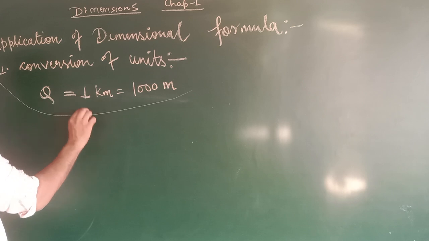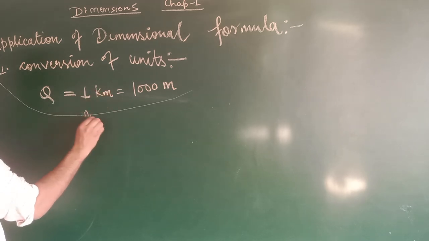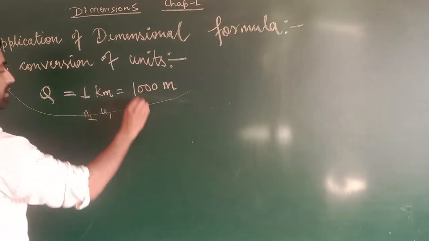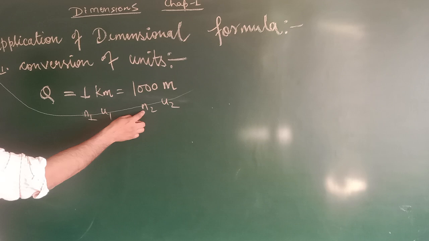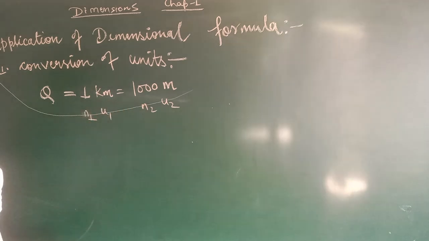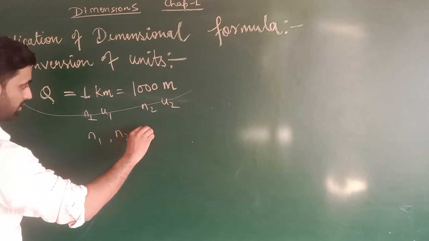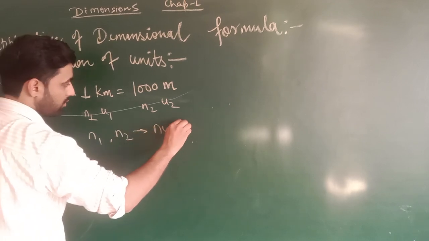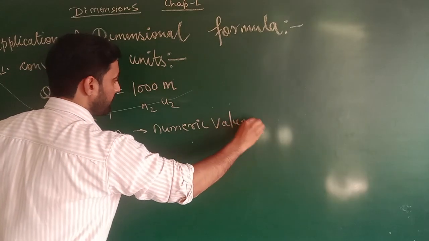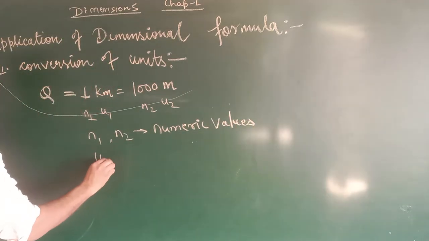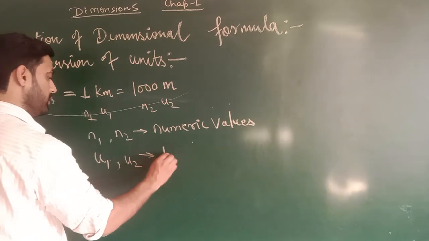Let's say this one is n1 and kilometer is u1, and this one is n2 and this one is u2. n1 and n2 are the numeric values, whereas u1 and u2 are the units.